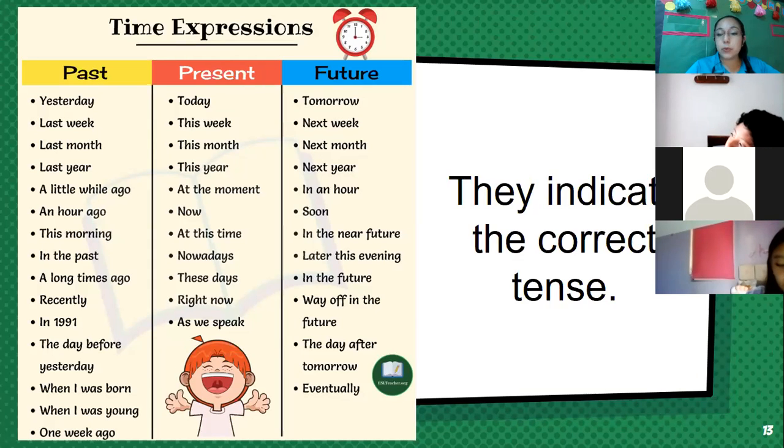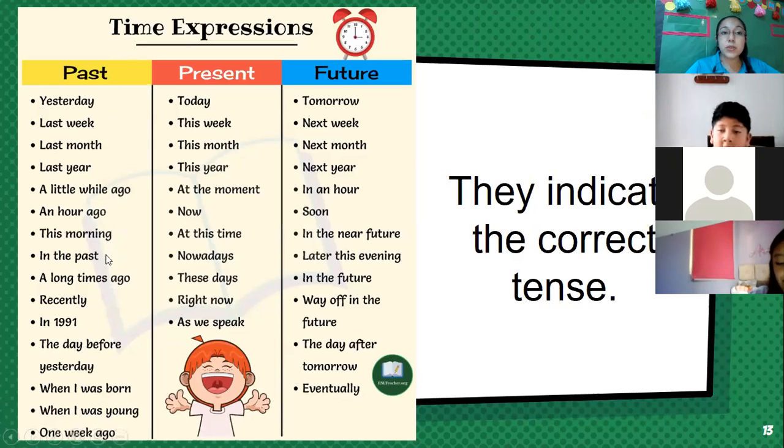This morning, in the past, a long time ago, recently, in 1991, the day before yesterday. We say this one in Spanish, anteayer, but in English, we say the day before yesterday. When I was born, when I was young, 1 week ago.